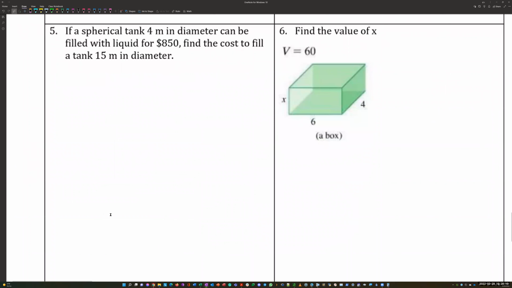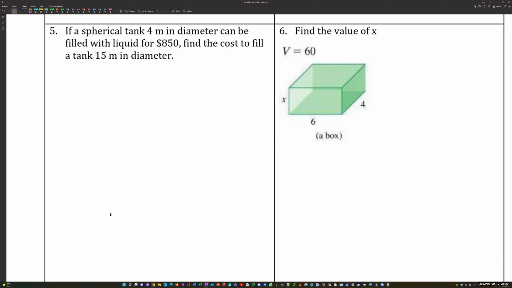All right, if a spherical tank of 4 meters in diameter can be filled with liquid for $850, find the cost to fill a tank 15 meters in diameter. Anybody have any idea how I'm going to figure this out?